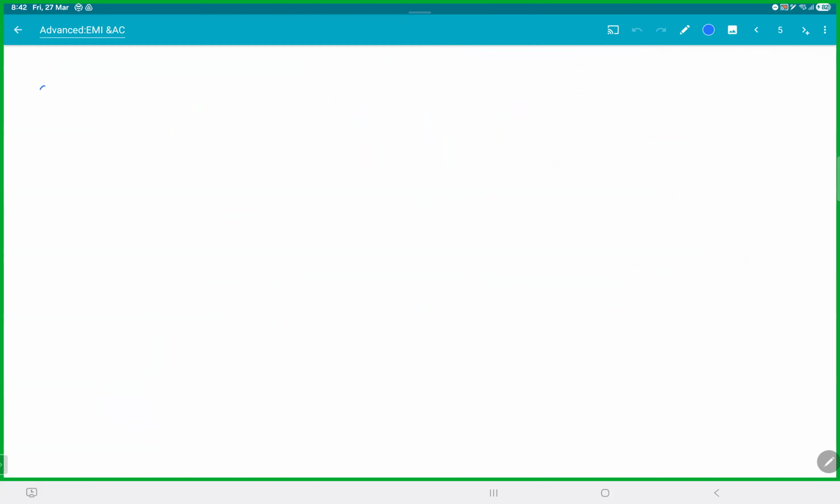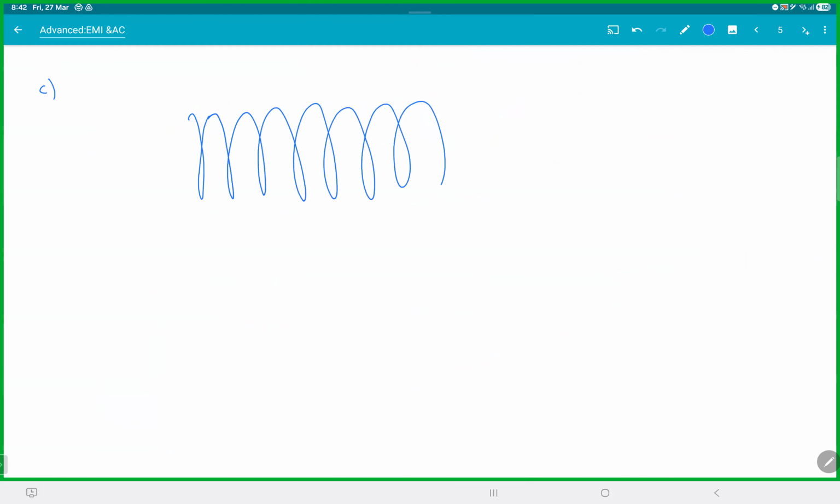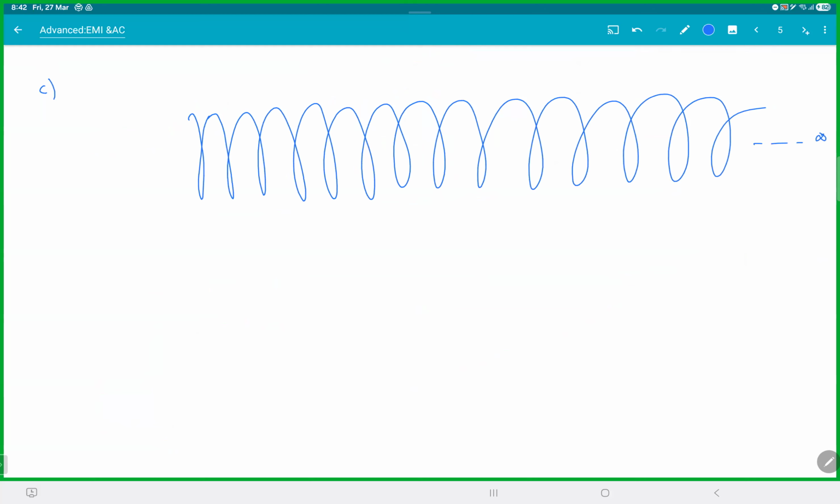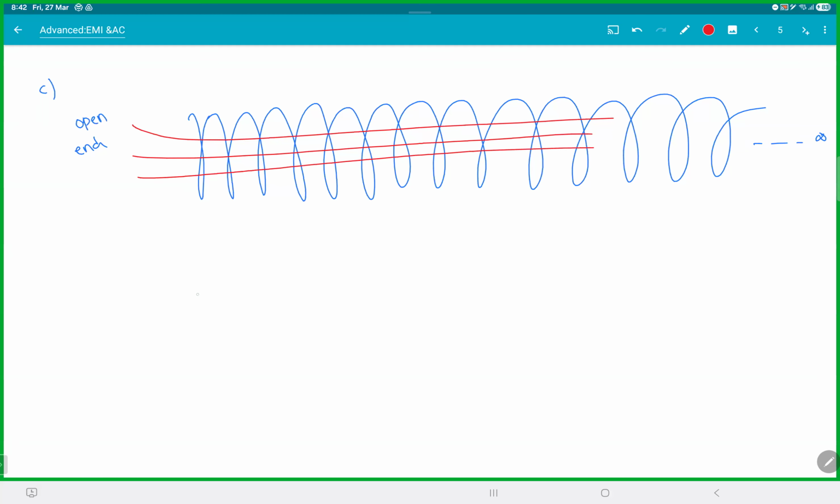Third one. This also we did in the class notes. So we have a long solenoid. This is infinity, but this is an open end. Now, when you look at the field lines, these are the last field lines to enter this corner. I'll color them in green.